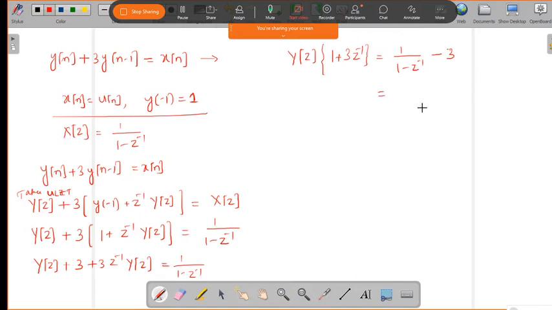So if you do this one, take common factor 1 minus z inverse, so you will get 1 minus 3 plus 3 z inverse, so this you will get minus 2 plus 3 z inverse divided by 1 minus z inverse.